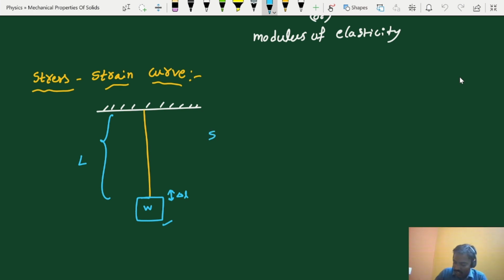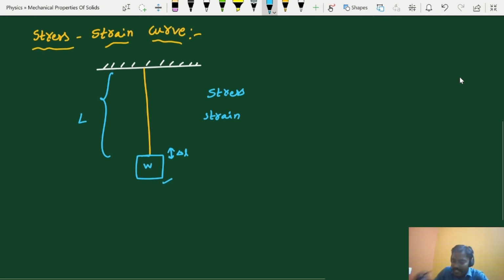Note down the stress and the corresponding strain. Right? Now, increase the load, say from W1 to W2. You are adding weight or load to the wire. Now what we can notice here is an increase in the length of the wire again. So for the corresponding increase in stress, we notice an increase in strain.